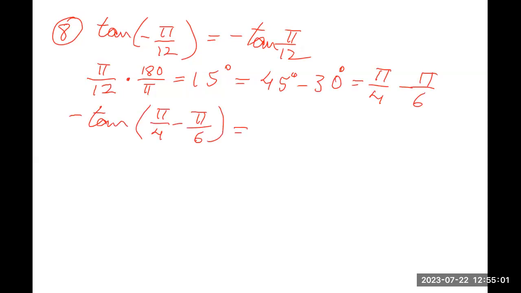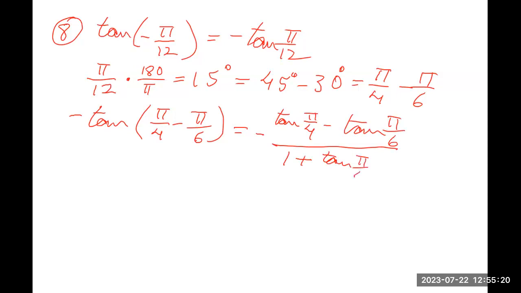So this becomes negative tan π/4 minus tan π/6 over 1 plus tan π/4 tan π/6. And then we plug in the numbers. So tan π/4 is 1. Tan π/6 is √3/3.